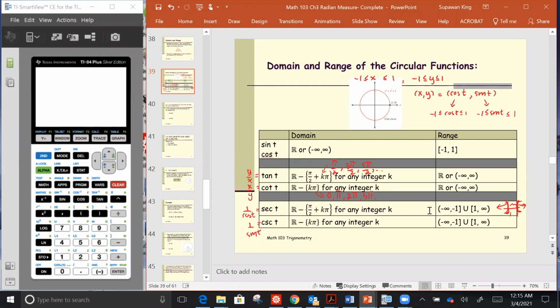The range is the same as the range of the secant of t because it's going to be the reciprocal of the interval from -1 to +1. Anything within -1 and +1, you omit. You're going to take anything less than -1 and also greater than +1, including -1 and +1.